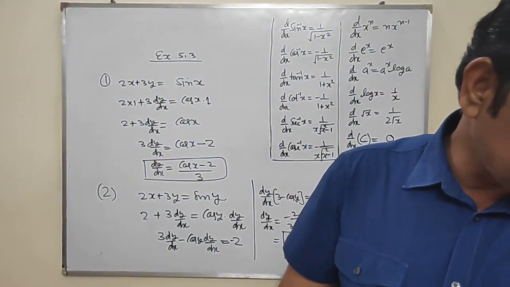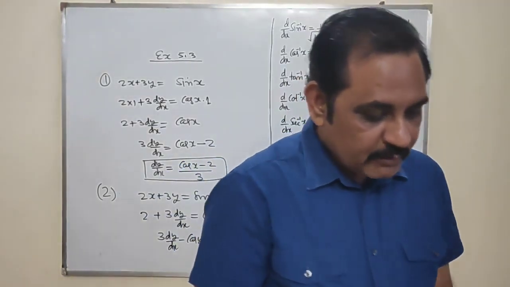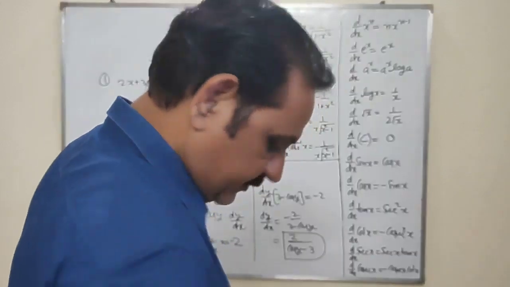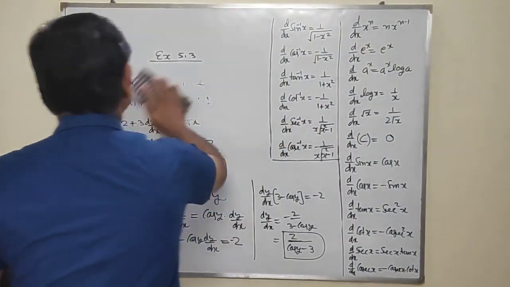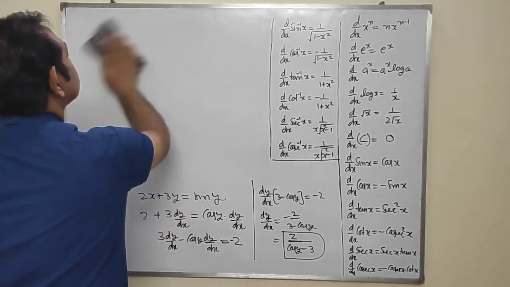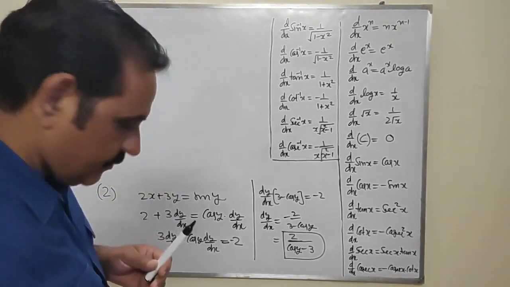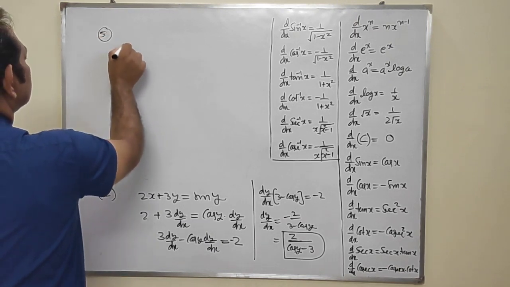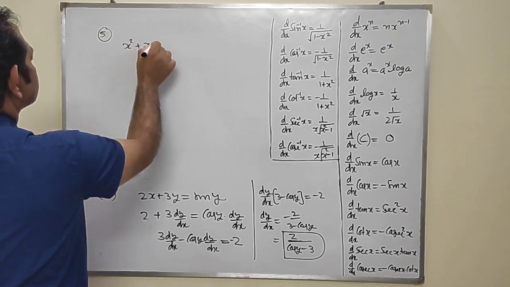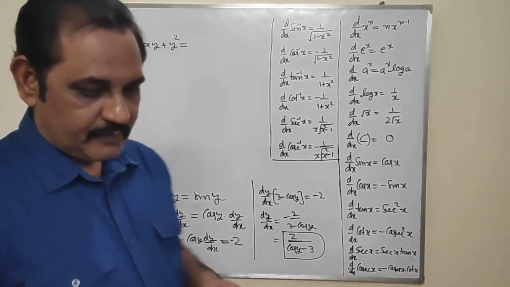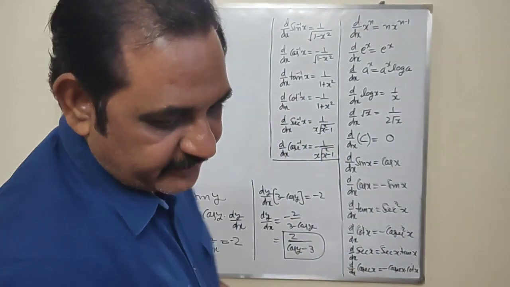Now I am taking question number 5. x square plus xy plus y square is equal to 100.